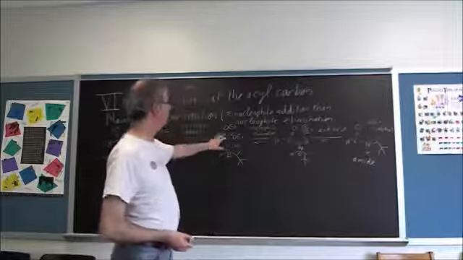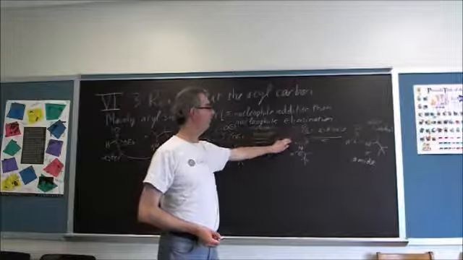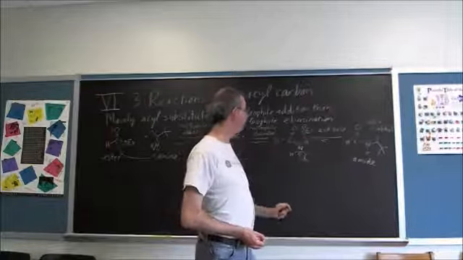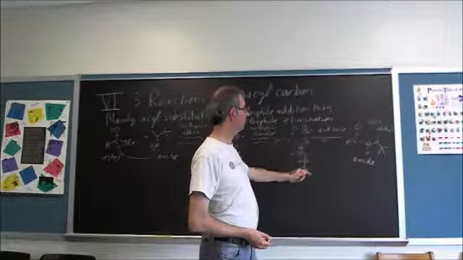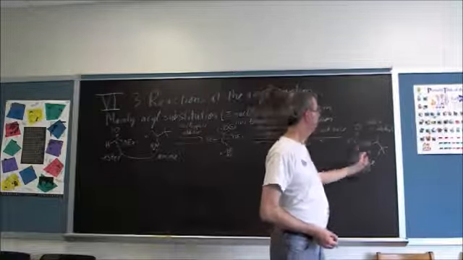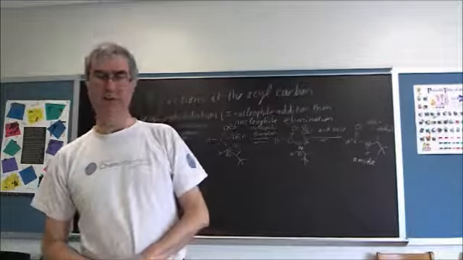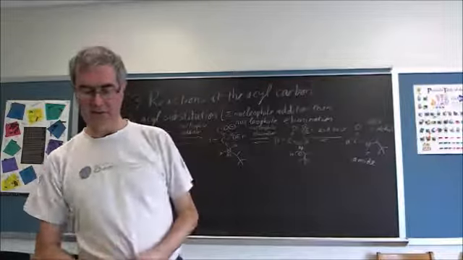So we get a nucleophile elimination step, reforming the carbon-oxygen double bond, and we get an acid-base step at the end to give us the final product. So there's a typical example of an acyl substitution.